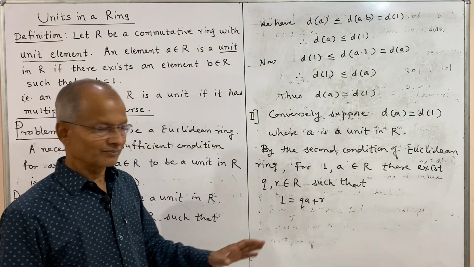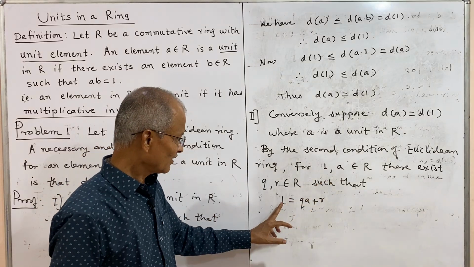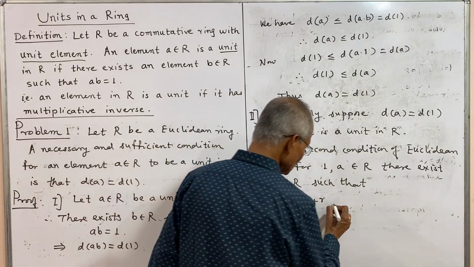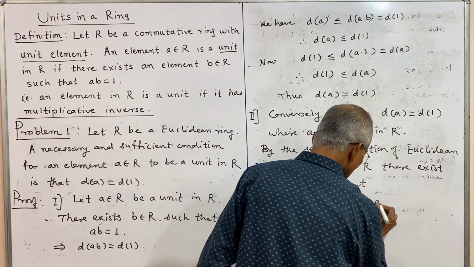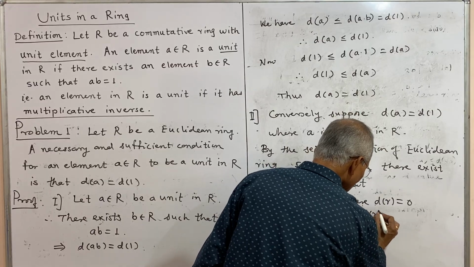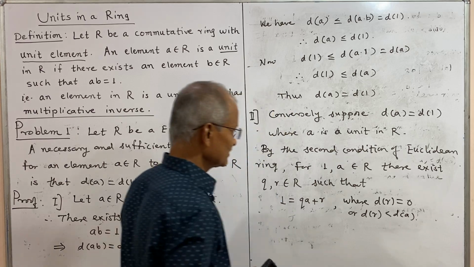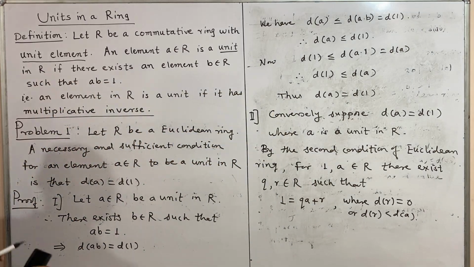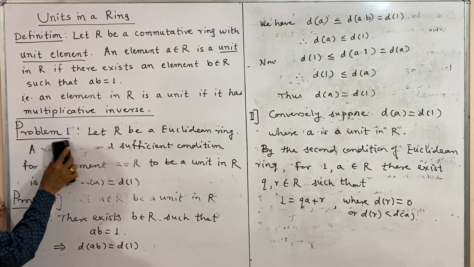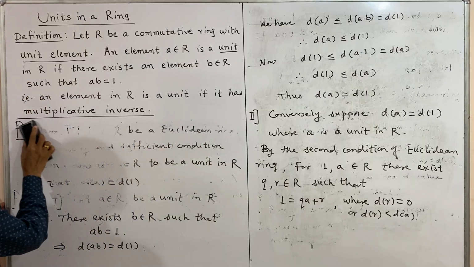This is the division algorithm, where 1 is divided by A, Q is the quotient, R is the remainder, and the condition for R is that d of R is equal to 0 or d value of R is strictly less than d value of A. Now what happens if d value of R is less than d value of A?